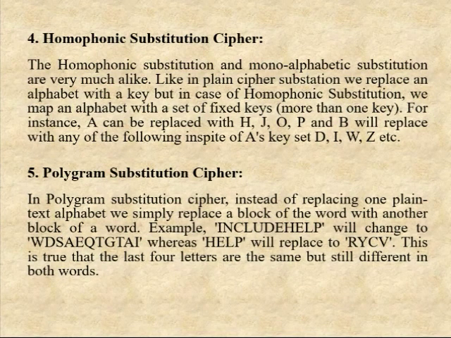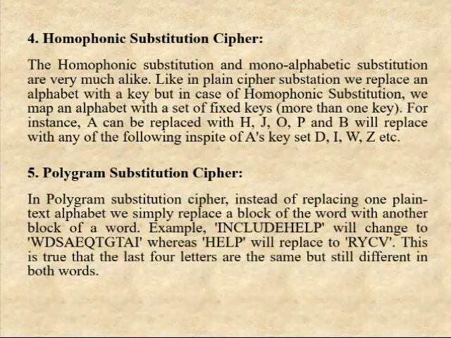Next one is the polygram substitution technique. This technique replaces one block of plain text with a block of ciphertext. It does not work on a character by character basis. In a polygram substitution cipher, instead of replacing one plain text alphabet, we replace a block of the word with another block of the word.